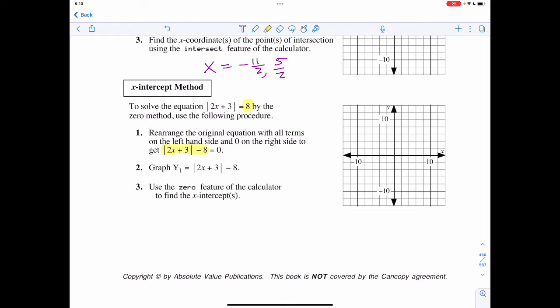And then we're just going to graph that in under y1, knowing that when y is equal to 0, or the x-intercepts, is where the solution is going to be. And it's just going to move that entire function down by 8. So it's going to look something like this.